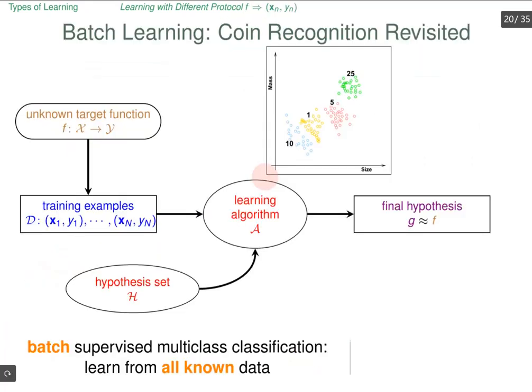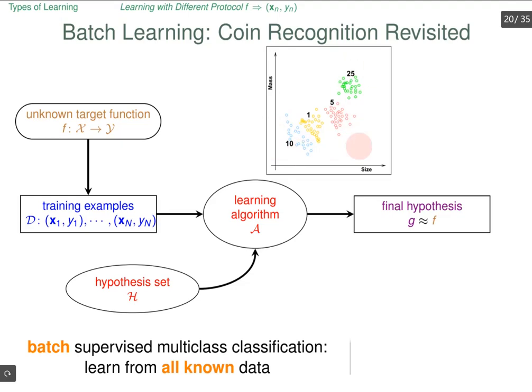Now let's talk about different learning protocols. First comes the example of batch learning. Batch learning is just learning from all known data. For example, you have a coin recognition problem and you collected thousands of examples of coins.